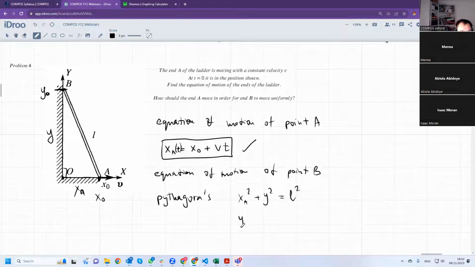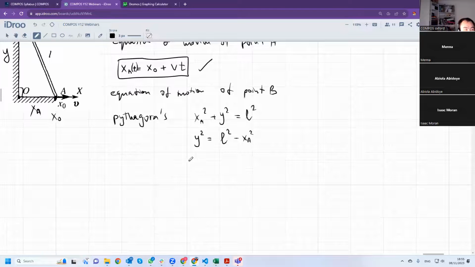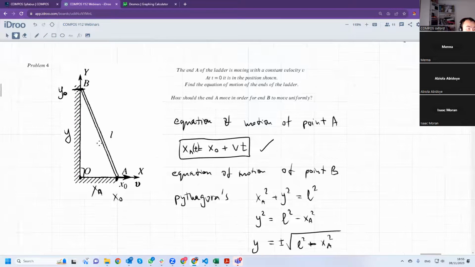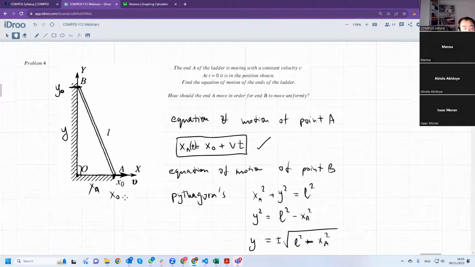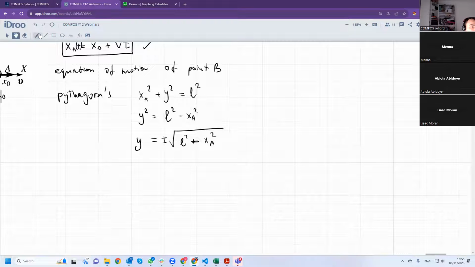So we can express y squared is equal to L squared minus xa squared. And we can find the square root. So y is equal to plus or minus square root of L squared minus xa squared. And of course, y is positive because the end B cannot fall through the floor. It's going to be positive.